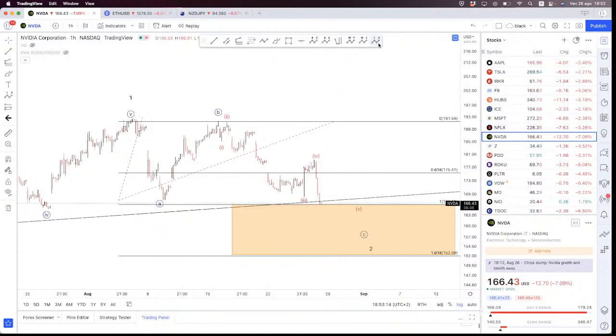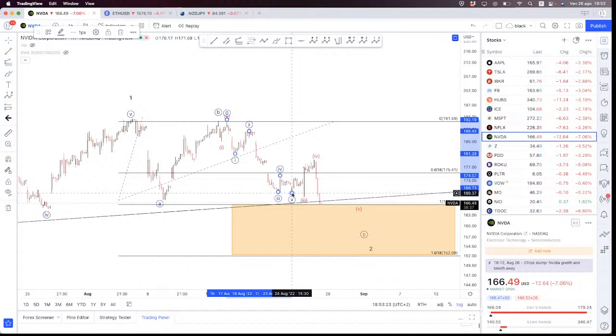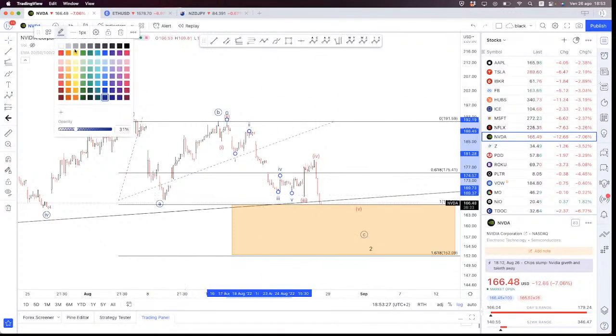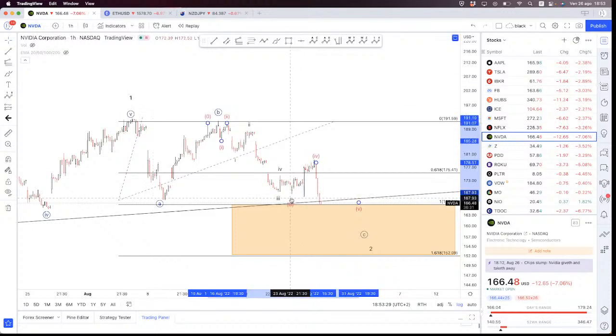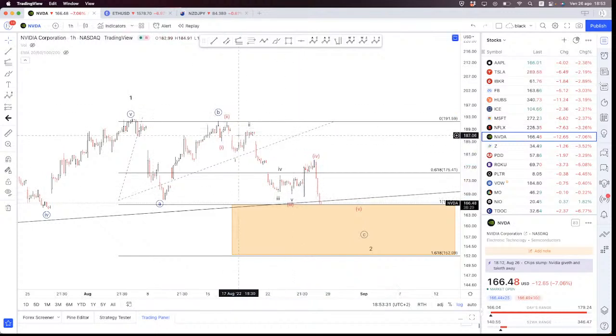So it would need to be something like this. Something like this, 3 in here perhaps.